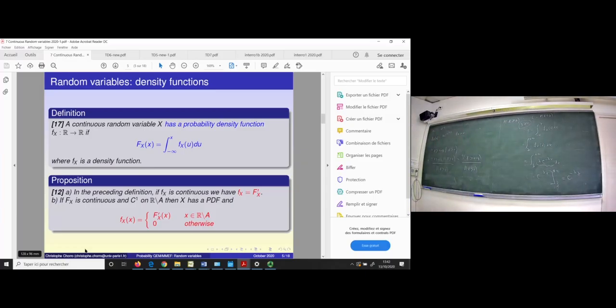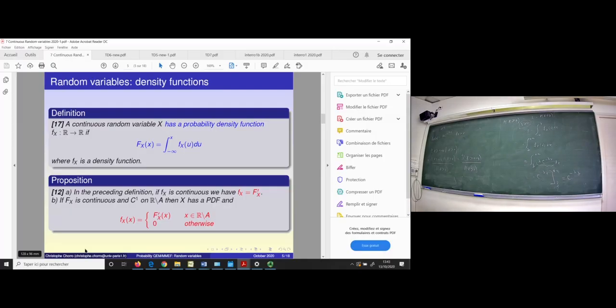I am in the easy situation where in order to compute an integral, I know the primitive, so I compute it easily. In the discrete case, I computed sums. In the case with density function, I compute integrals.